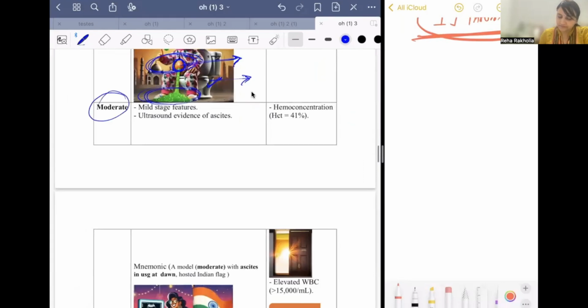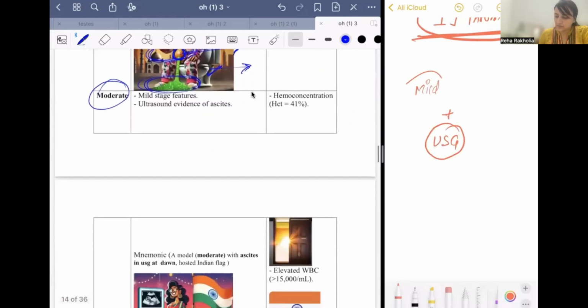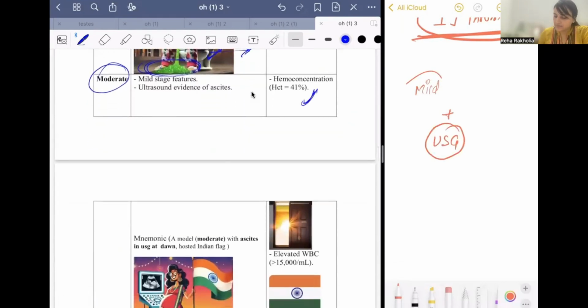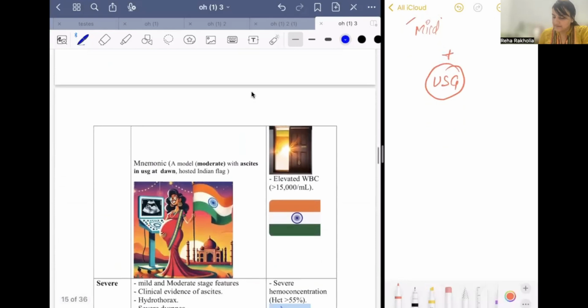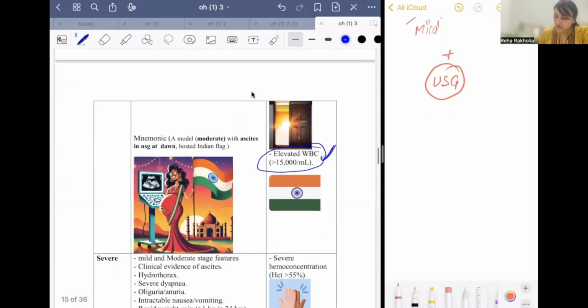Moderate is mild stage features plus ultrasound evidence of ascites. And in blood alteration, hemoconcentration will be more than 41 and elevated WBC is more than 15,000 per ml. Now, how will we remember this?